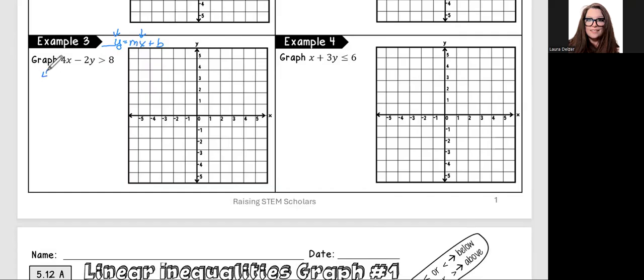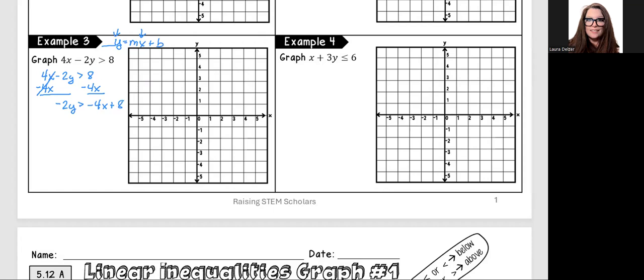Let's go ahead and write everything out. So I've got negative 4x or minus 4x. I'm subtracting 4x from both sides. This cancels. I get negative 2y is greater than negative 4x plus 8.